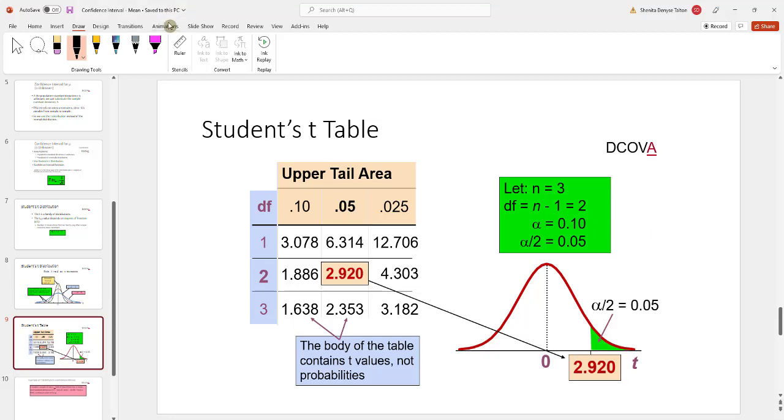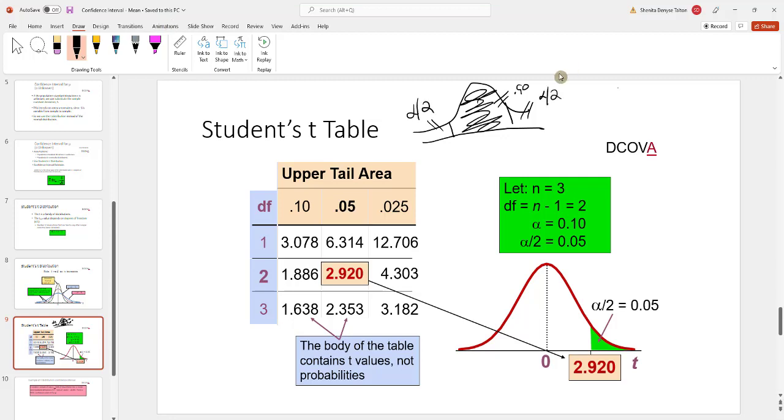I'll make another graph here. I'm not good at drawing. Here is 0.90, and these tails out here will add up to 0.1. So we have to figure out what each of these would be.